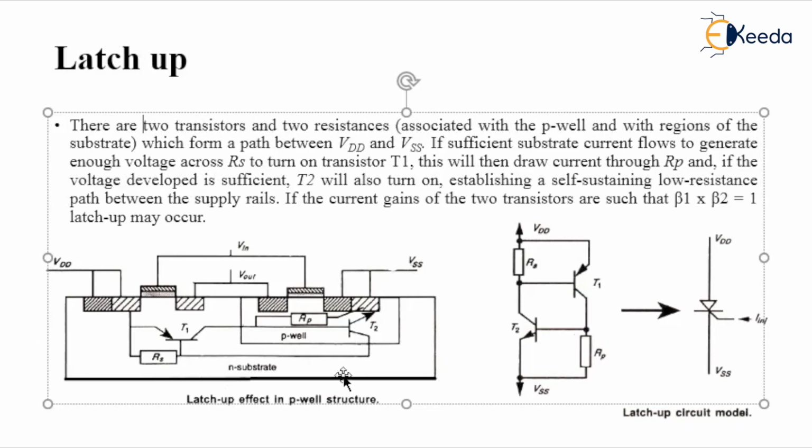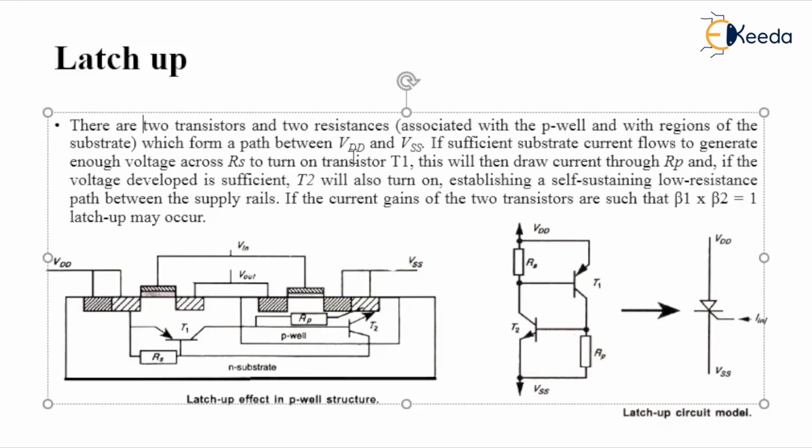See here, the two transistors are T1 and T2, and the two resistors are RS and RP, which are associated with the P well and with the regions of this substrate. RP and T2 are associated with the P well, and T1 and RS are associated with this N substrate.